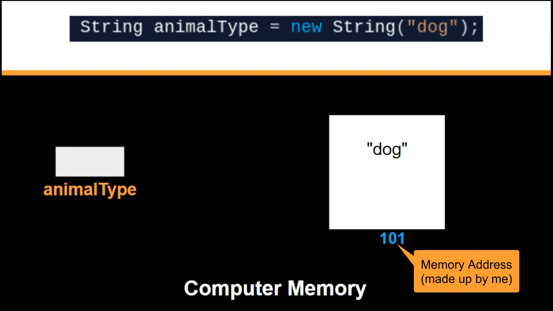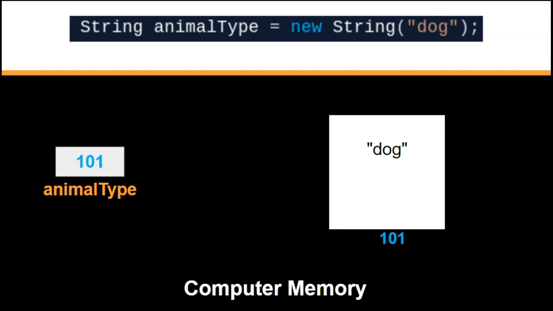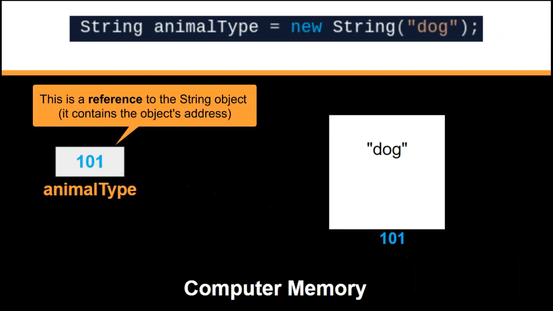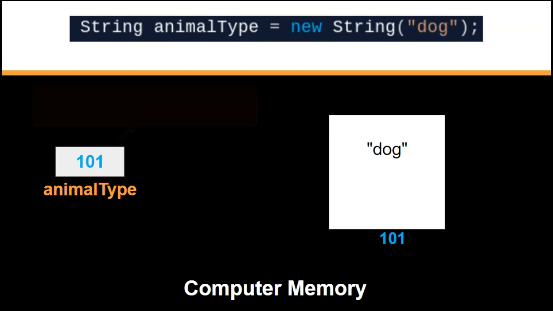After an object is created, its address is returned, meaning it is this address that the assignment operator ends up storing in the variable animalType. A variable which holds the address to an object is called a reference variable, or just reference for short. So we can say that animalType is a reference to our string object. As you'll see later, we access the data stored in objects through their references.